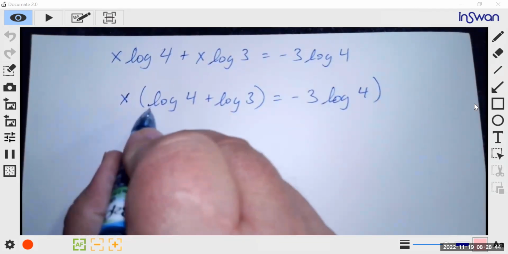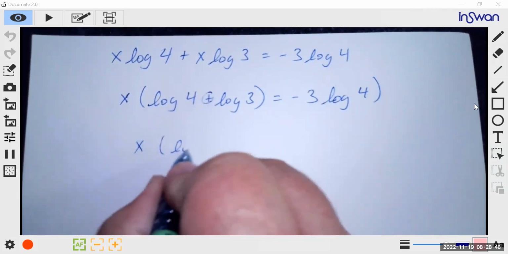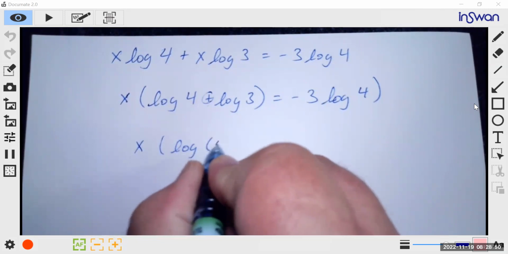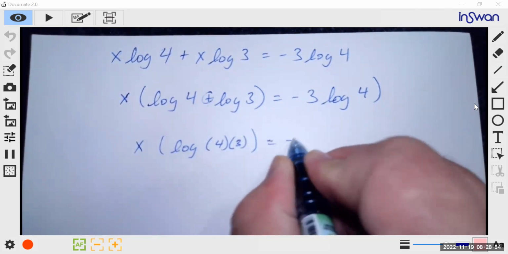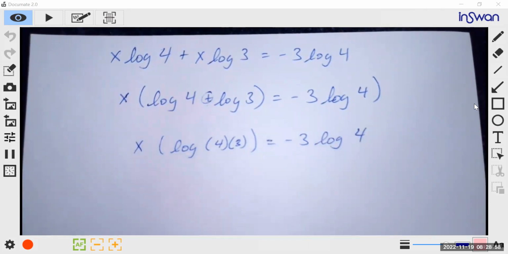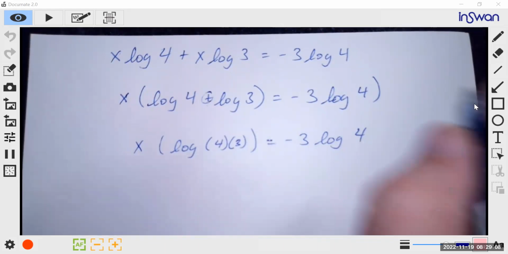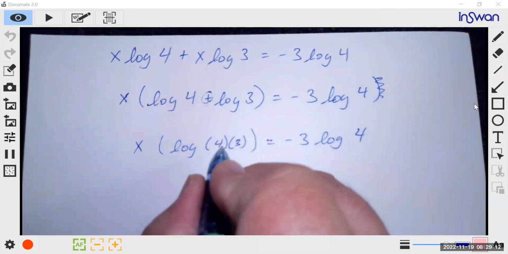Using the rules, log 4 plus log of 3 can be written as log of 4 times 3. We could condense it. Four times 3 is 12.